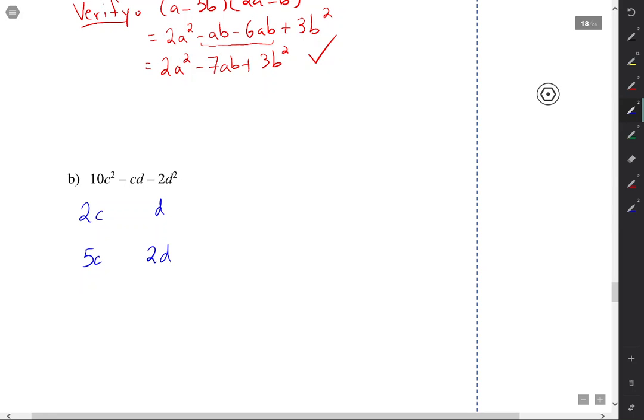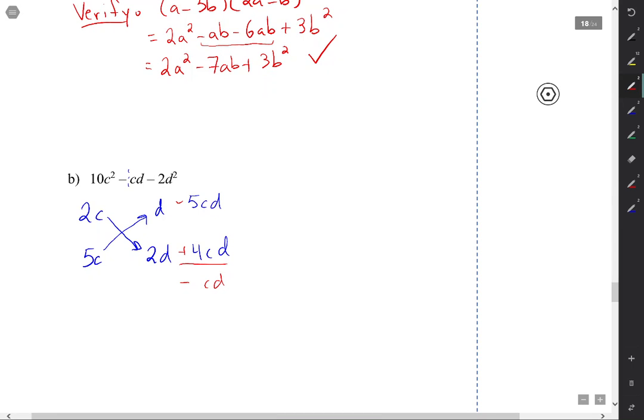So if we were to crisscross this, we would have 5c times d. That equals 5cd. And 2c times 2d, that is 4cd. And is there any way for us to get negative 1cd in the middle? Yep, there is. We could do negative 5cd plus 4cd. That would leave us with negative 1cd, or just negative cd.